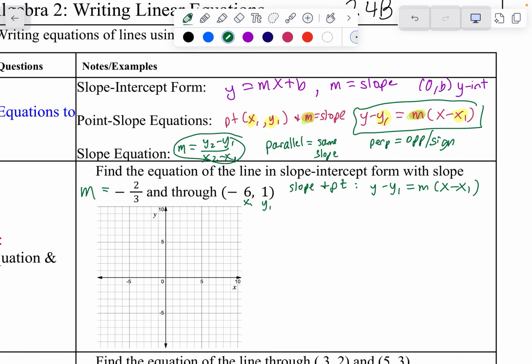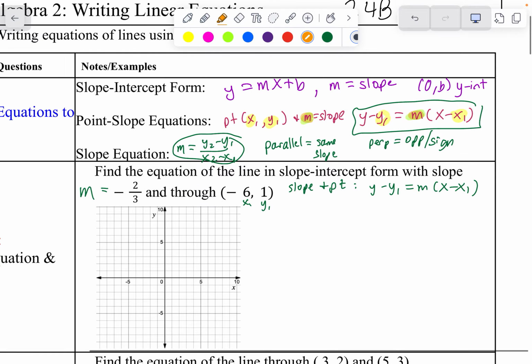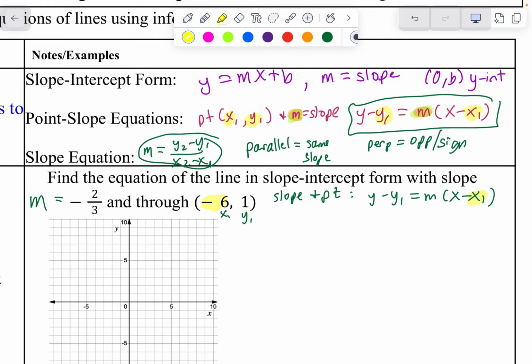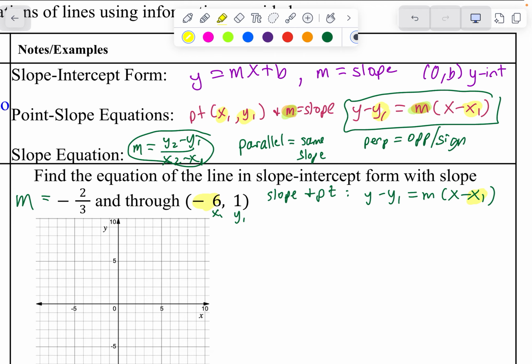So let's look where things go. Your x1 goes here. See how you're subtracting the x1? So watch that. If you're subtracting an x1, you have to change its sign. Here's where your y1 goes, right here. You're subtracting it, so we have to change its sign. And then your slope goes here.